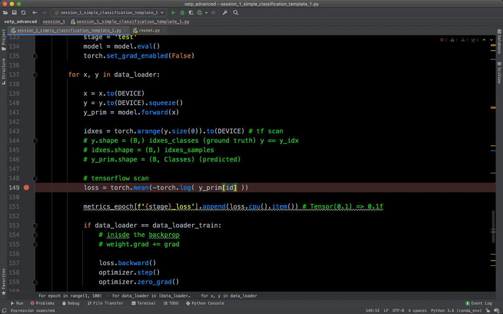And then you select the columns by rows like this, and you would get just that one sample by just that one class that you want to include in your loss function. That would be the optimal way of doing this.